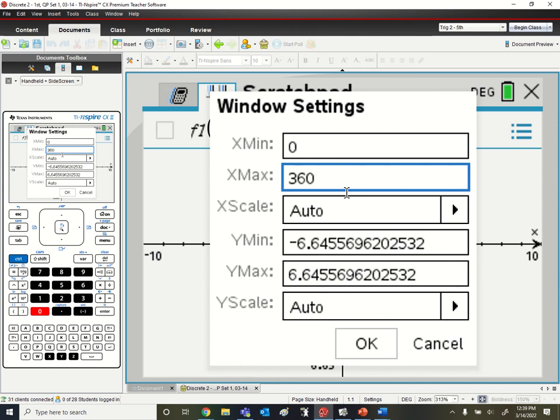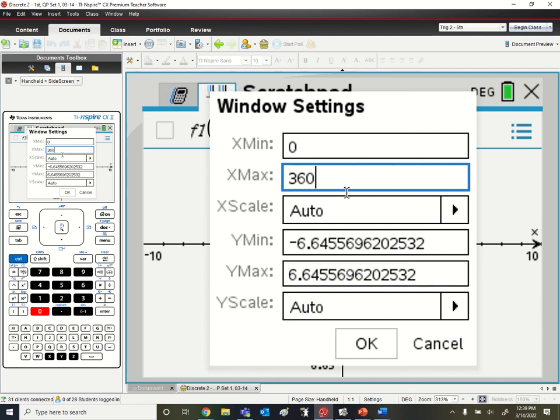Now, these numbers, the y min and the y max, are not going to matter too much, since all my answers are going to be equal to 0. This is a zero product rule, so all my answers are going to be right here close to the x-axis.